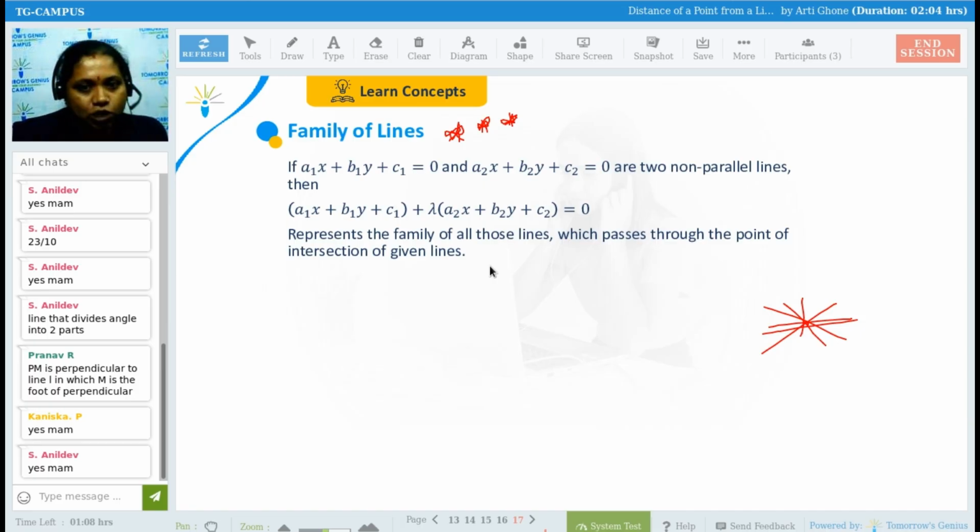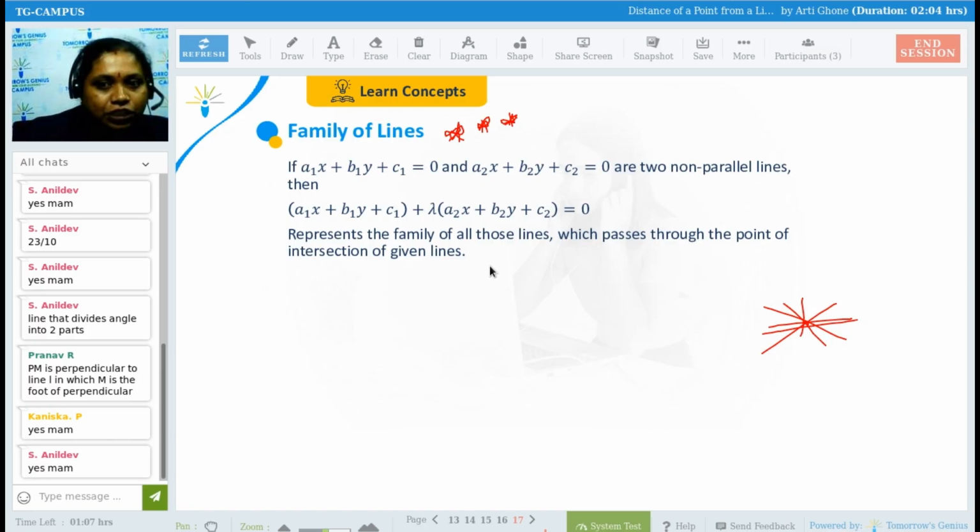Clear? Okay. So if a1x plus b1y plus c1 equal to 0 and a2x plus b2y plus c2 equal to 0 are two non-parallel lines, then there are a number of lines passing through the point of intersection of them that are represented by a1x plus b1y plus c1 plus lambda times (a2x plus b2y plus c2) equal to 0.